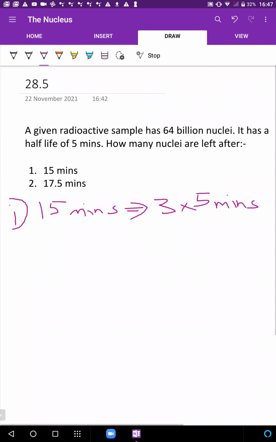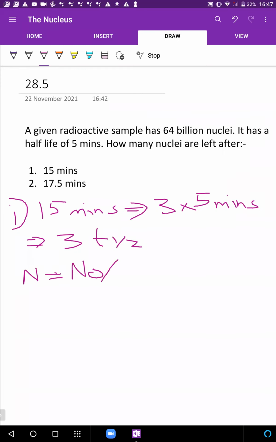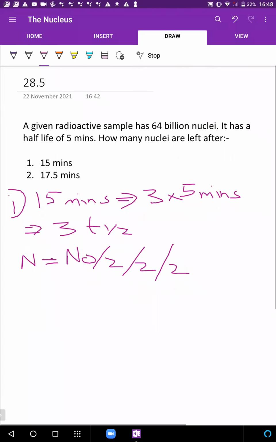So 3 half lives, matlab n is n naught by 2 further by 2 by 2, right? 3 बार आधा आधा करके जाओगे. So n is basically n naught by 8. Okay. This one just half life के definition से हो जाएगा. So n naught is 64 billion. So n is of course 8 billion.